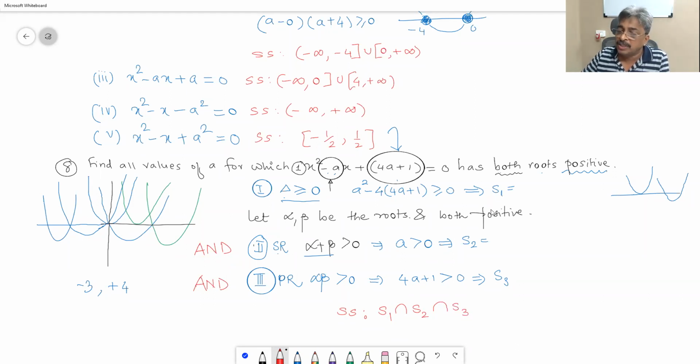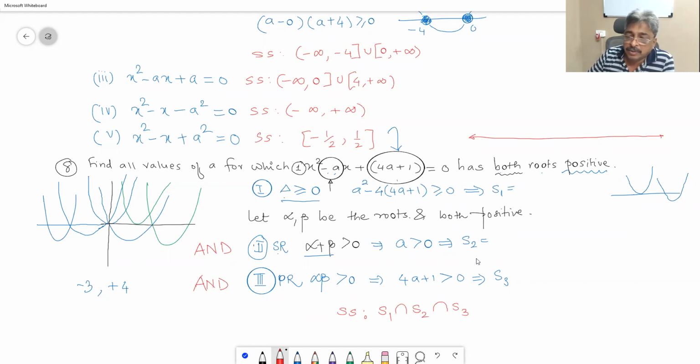So if you have these three solution sets, maybe we can plot them on the real number line and then figure out what is the most common part of this real number line. That is the only available values of A which will give us the solution for this problem. Now this is the first problem of this kind, theory of quadratic equation.